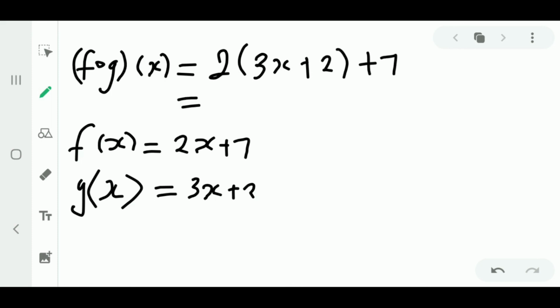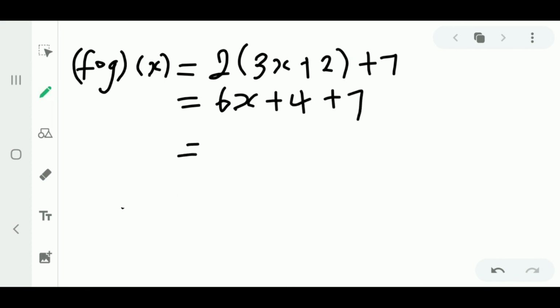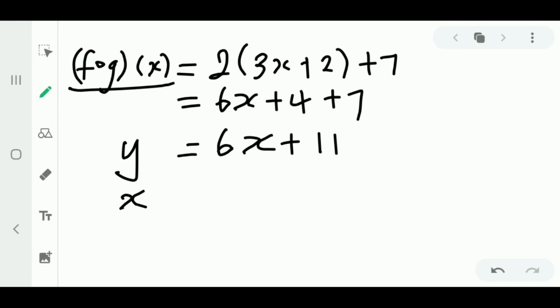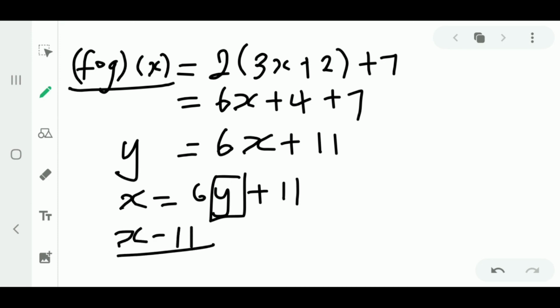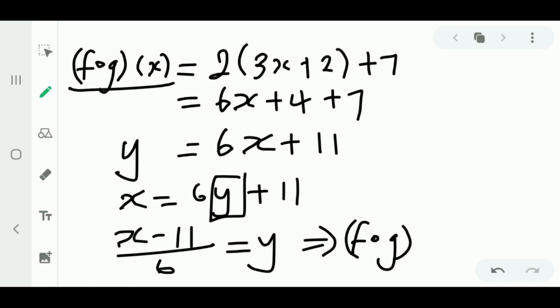Expand the bracket, we get 6x plus 4 plus 7, and that is equal to 6x plus 11. Now, all of this we're going to call y. So y is equal to 6x plus 11. To start doing the inverse aspect, we interchange x and y, so x is equal to 6y plus 11. We make y the subject of the formula, so it's x minus 11 divided by 6 is equal to y. That means the inverse is equal to x minus 11 over 6.